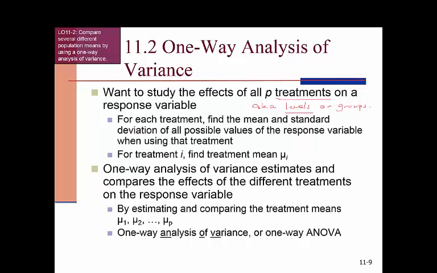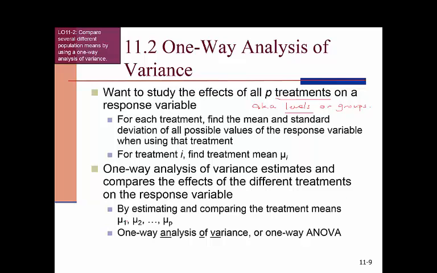Okay, so we want to see for each treatment if the mean and standard deviation helps us understand that there is a difference between those treatments or levels or groups. And we do that through one-way ANOVA. Okay. It fits a model and then compares the effects of those different groups on the response.